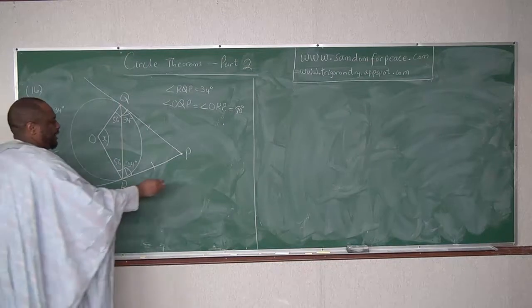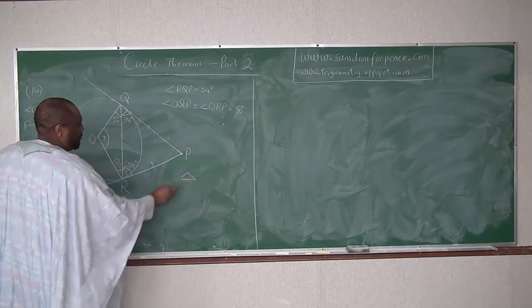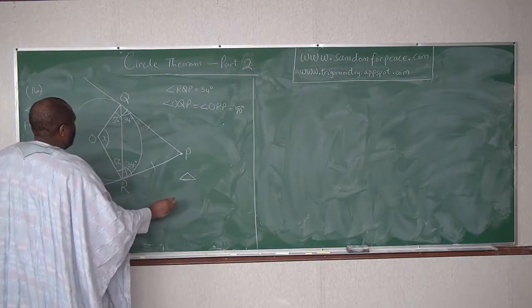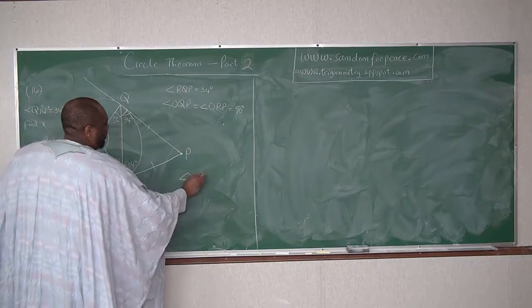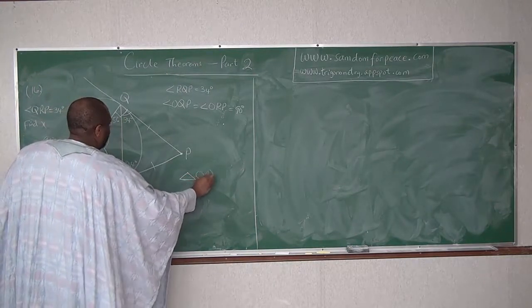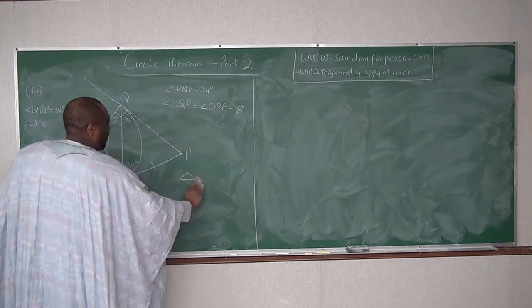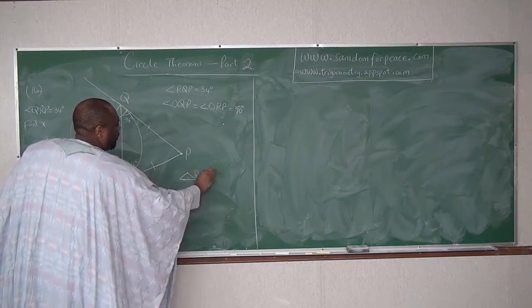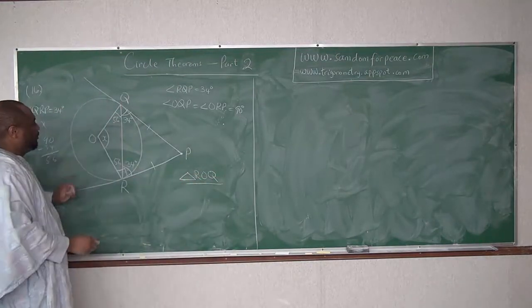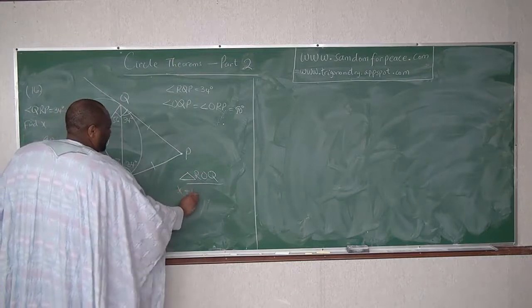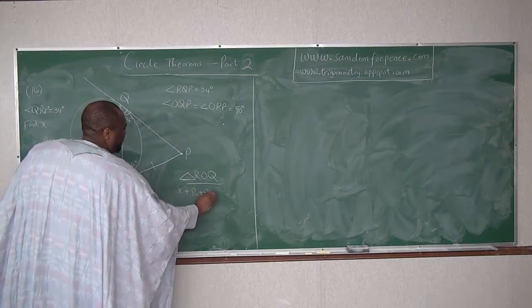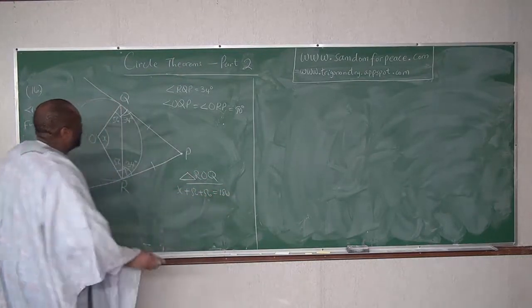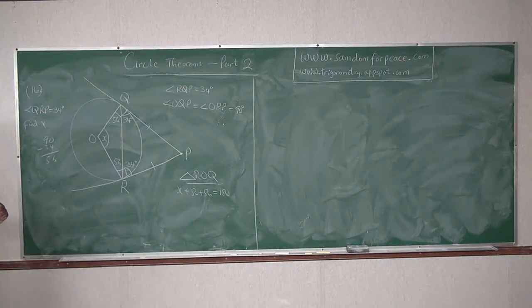So considering triangle ROQ, x plus 56 plus 56, that is x plus 112, is 180 degrees. Reason: sum of angles of a triangle.